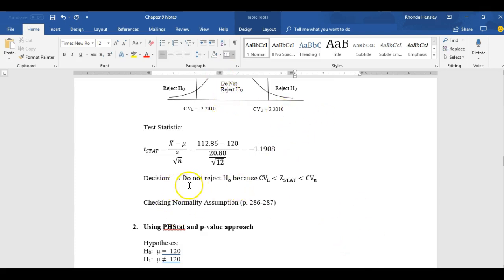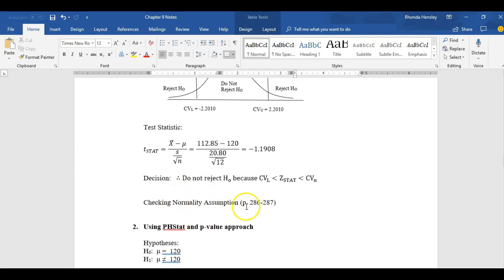So from a statistical standpoint, do not reject your null hypothesis, because this test statistic is in between these two critical values. From a managerial standpoint, the average amount spent per customer per trip to the store has not changed significantly from 120.